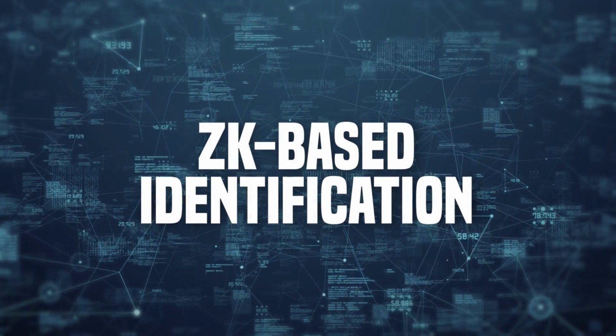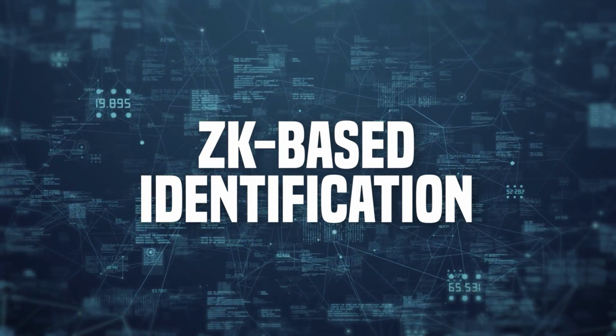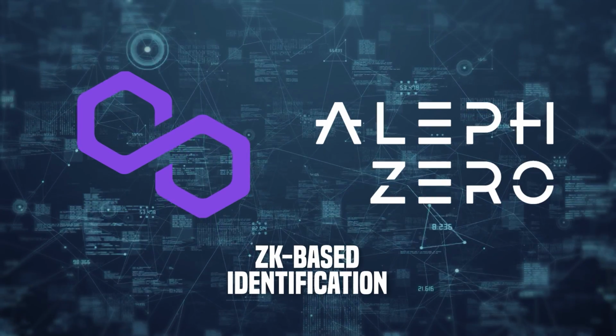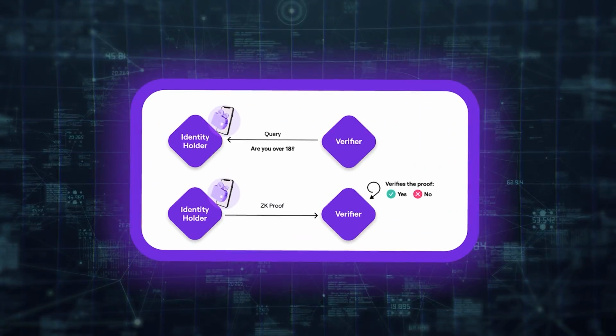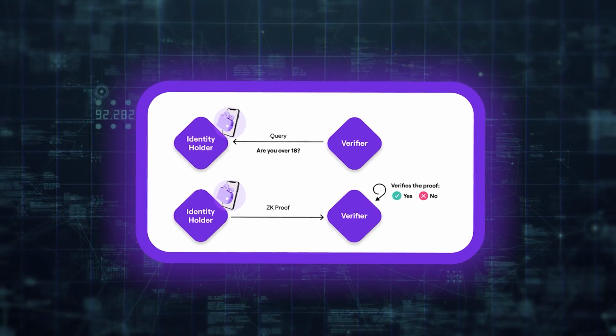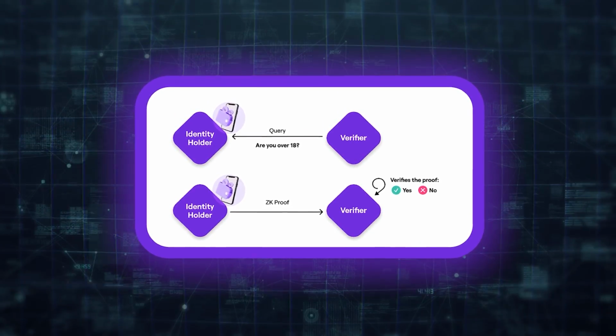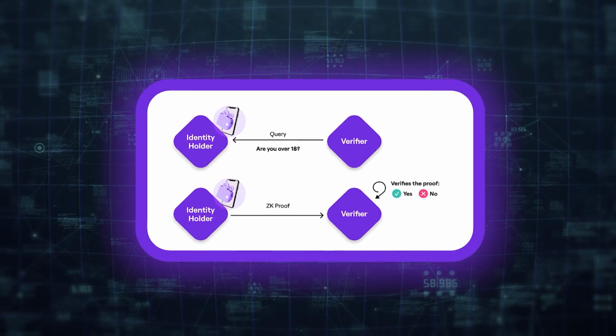And this is actually also one of the use cases. ZK-based identification, Polygon and Aleph Zero currently have this in production. And this is basically a technology that allows you to verify information based on that ID without having to give away unrelated, sensitive information.